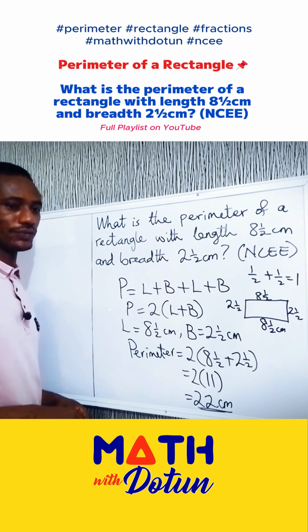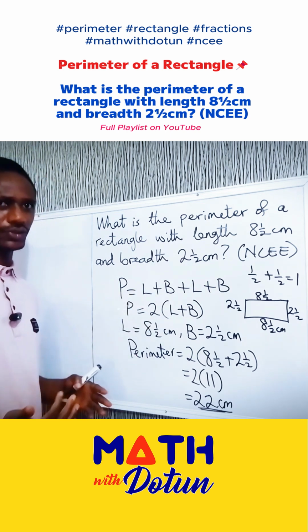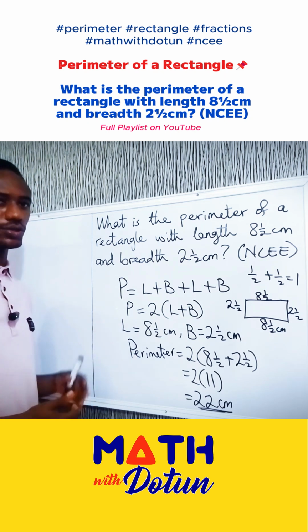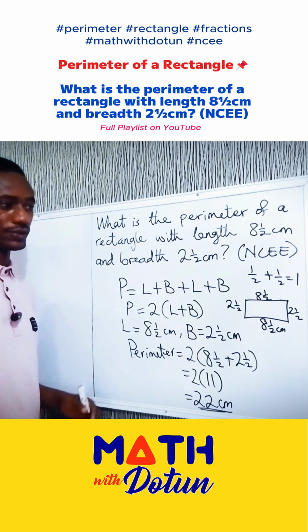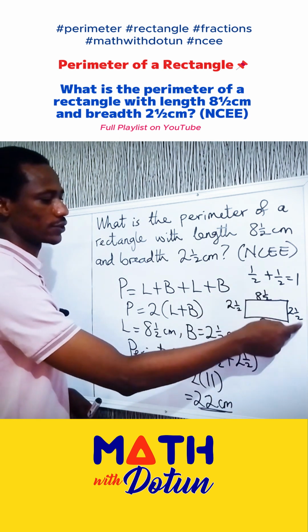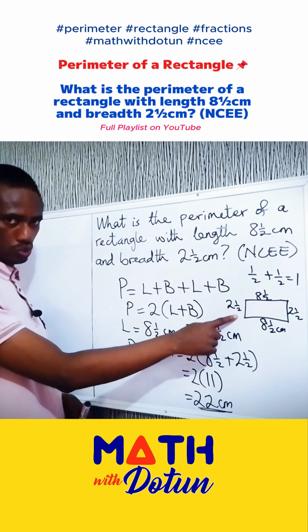And if you're seeing this half operation for the first time, please go over it again, practice with some other questions with halves, and master it. It's just simple. Or here you could even add all the halves first. Half plus half is 1, plus half is 1.5, plus half is 2.